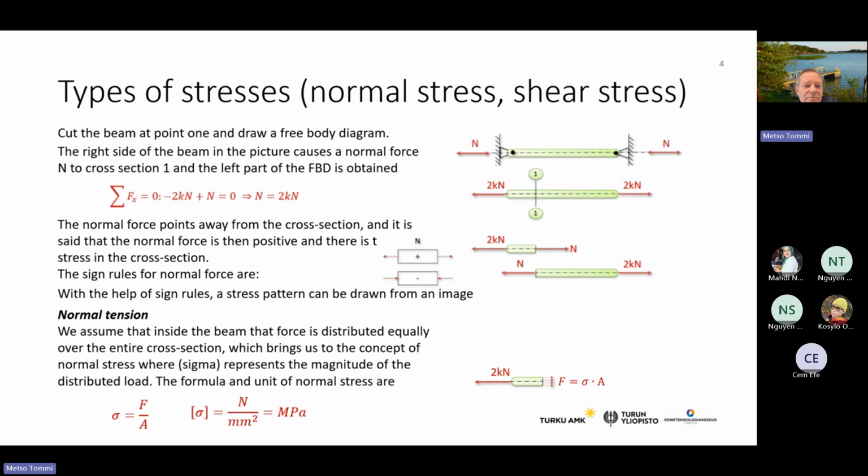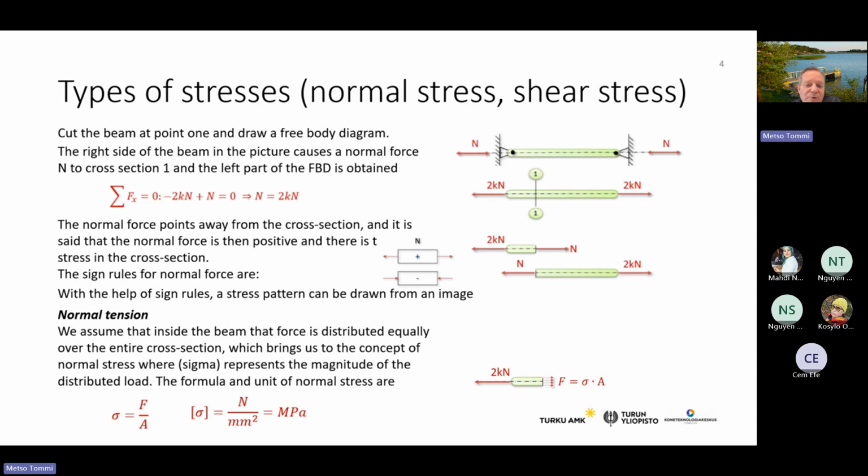And this is like those pictures that we discussed already in autumn. What happens if there is a force at both ends? What happens in the middle?